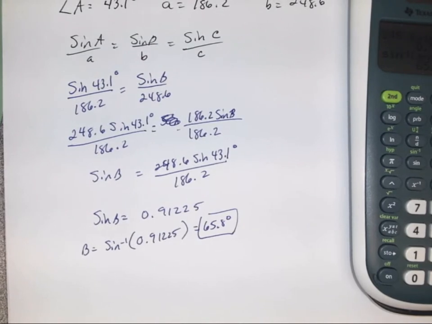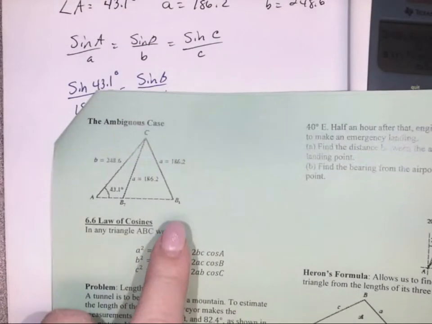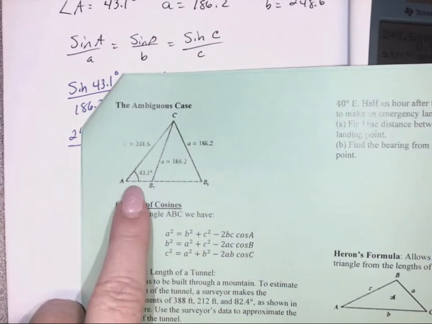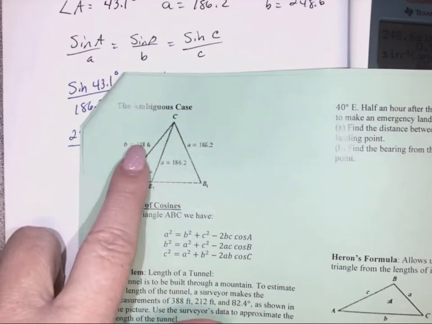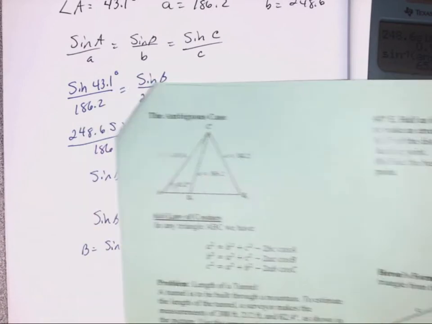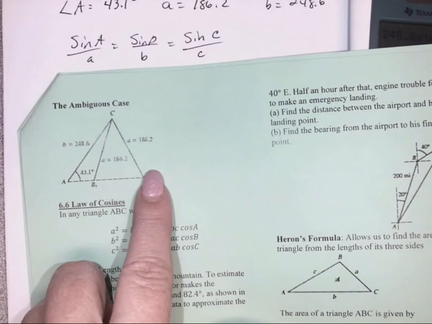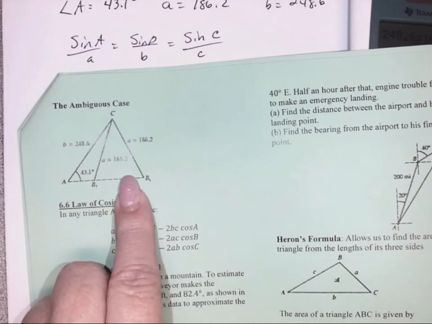Now, what we need to understand is that there's another option on this, and this is where you can have the ambiguous case. And we know this is the ambiguous case because it has told us that. And we've got a little bit of a picture here. So this is our B, here's our A, here's our little a. So our angle B is the angle that we found of 65.8, or it could be 180 minus that.